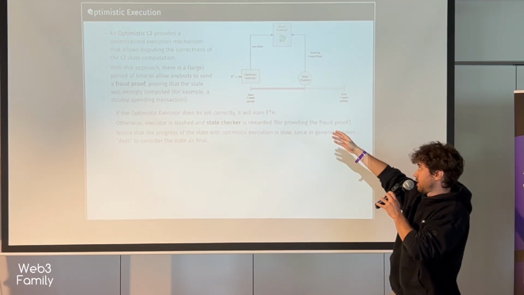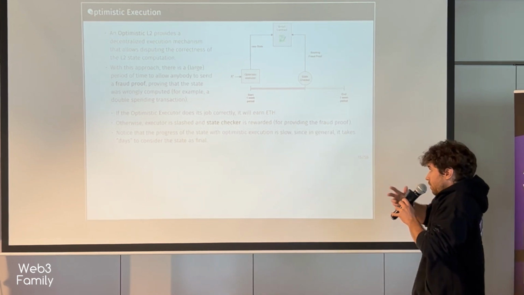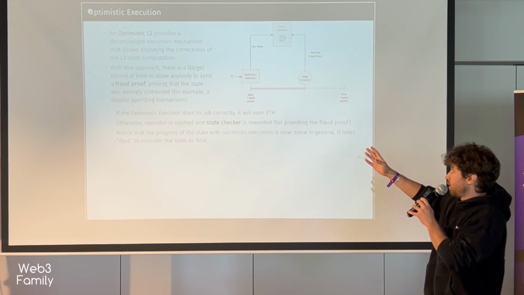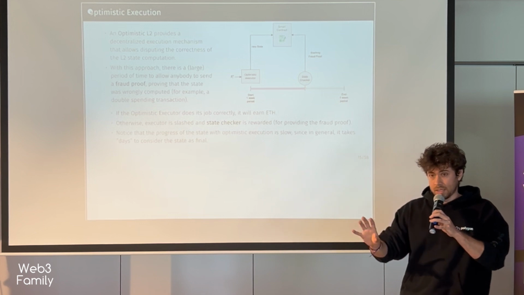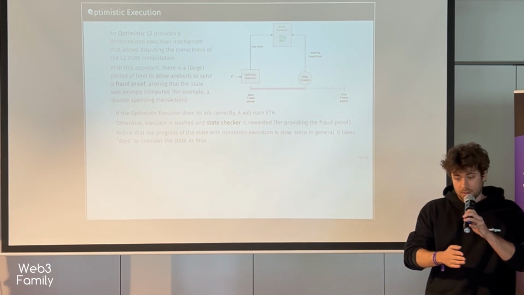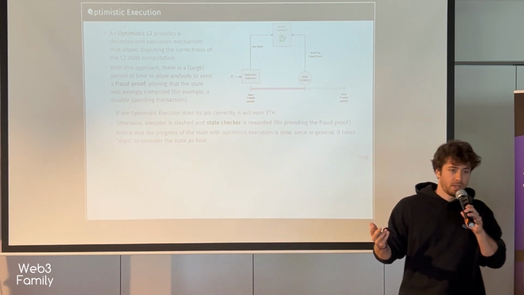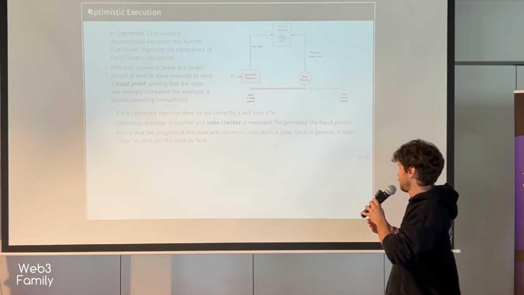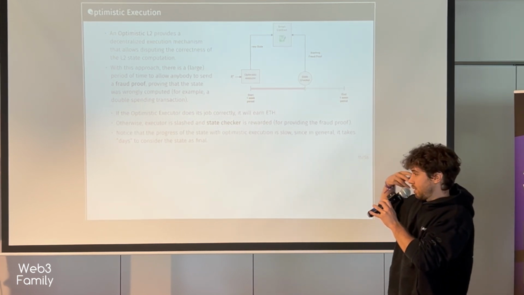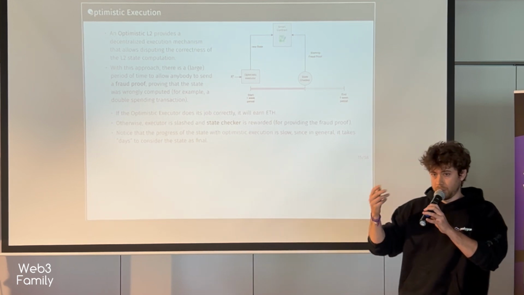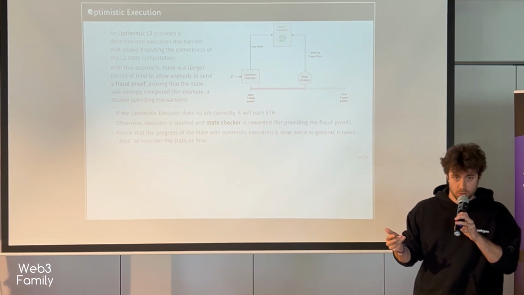The user sends the transaction to this server, which computes a new state following its constraints, but with the difference that after proposing, which means this state is not final, it opens a time period, sometimes 3 days, sometimes a week, depending on the approach of the product, where users can submit a fraud proof to prove that this optimistic executor has done a malicious execution.